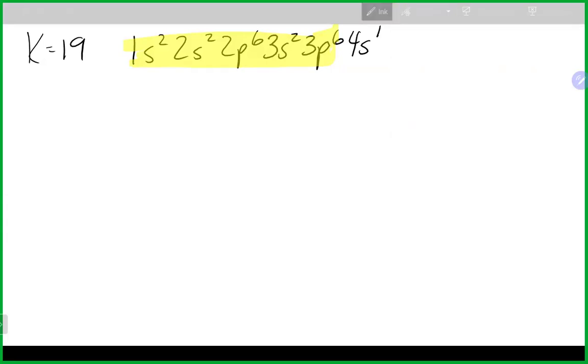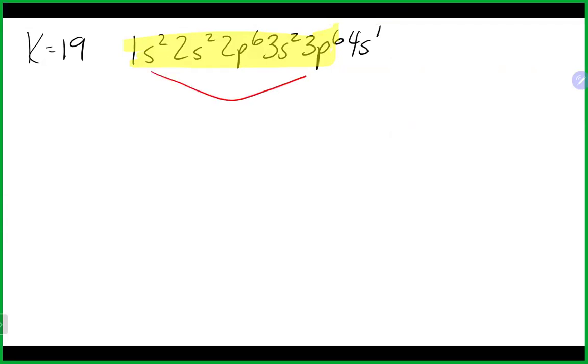If we count up the top numbers, that's 18 electrons. On the periodic table, number 18 is the one we just did, which is argon, right? So we can write a kind of abbreviation, a shorthand, and put little brackets with argon. What that indicates is the electron configuration for argon, and we can continue on and give us 4s1. Question?